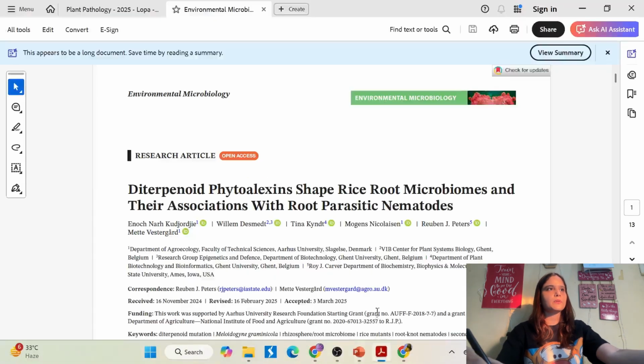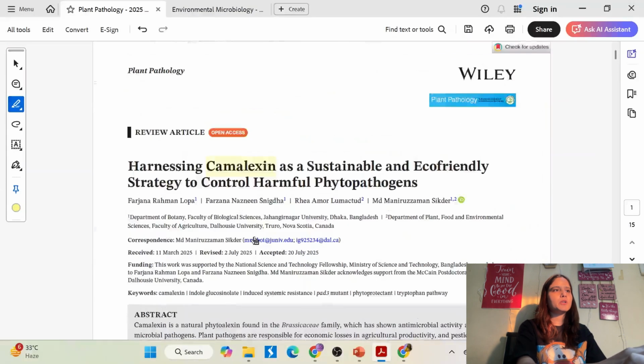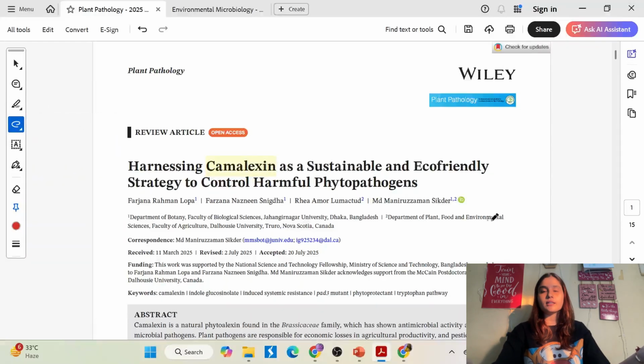So the first paper which we are going to see is a review article which has been published in a journal of plant pathology, and the title of this review article is Harnessing Camalexin as a Sustainable and Eco-Friendly Strategy to Control Harmful Phytopathogens. Okay, so from the title, they have used a phytoalexin, that is camalexin.